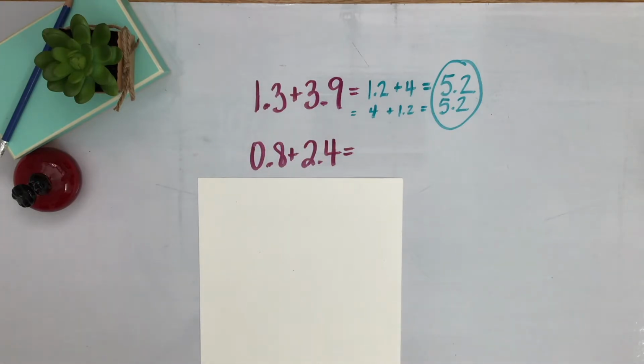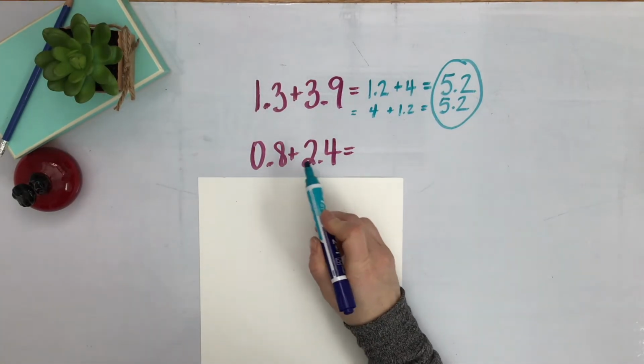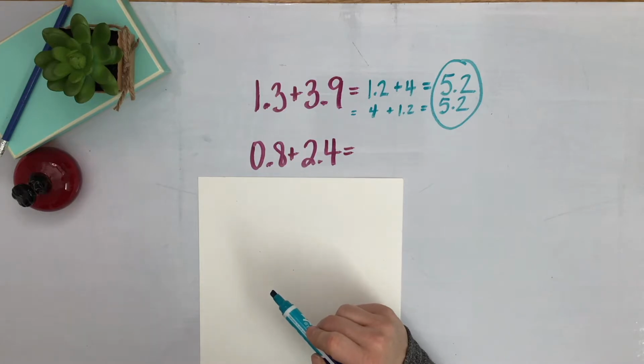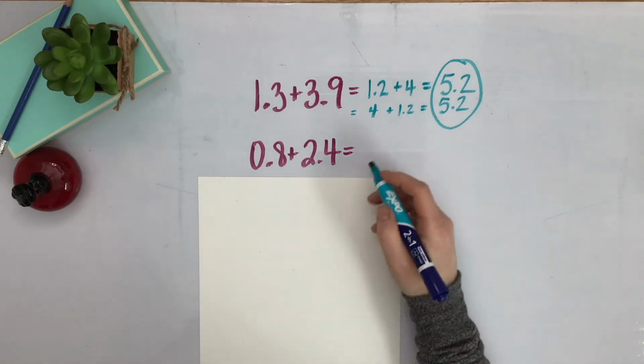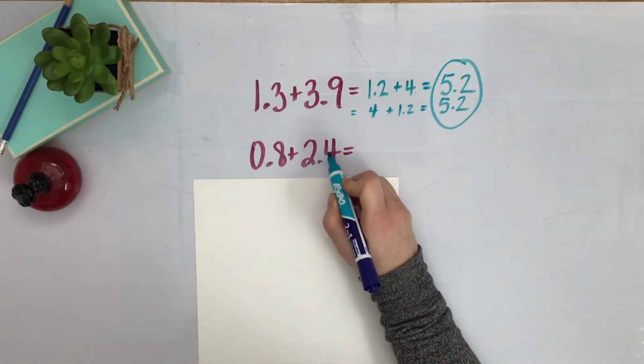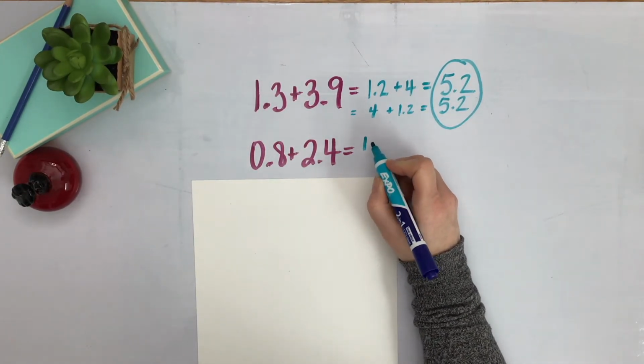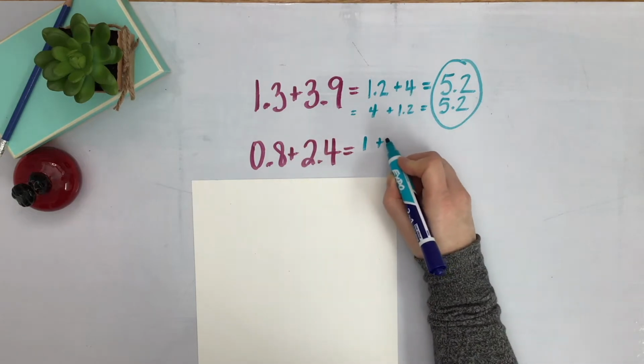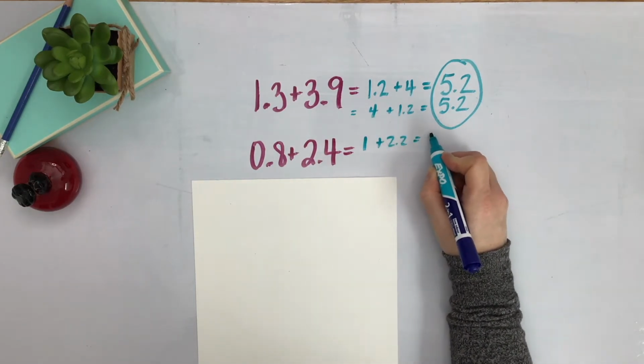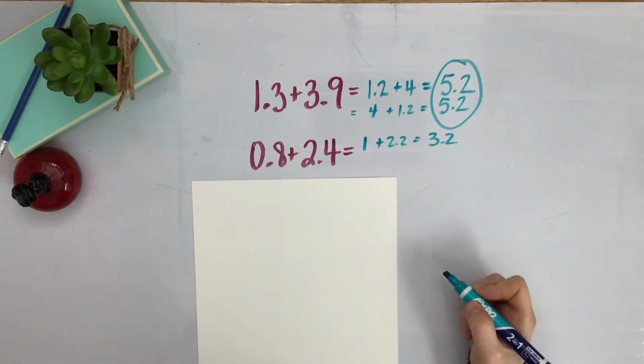Let's try this one. Okay, if I'm going to try to make some friendly numbers using the associative property, I'm going to take 2/10 from here, move it over here. So that gives me 1 plus 2 and 2/10, which is 3 and 2/10 for an answer.